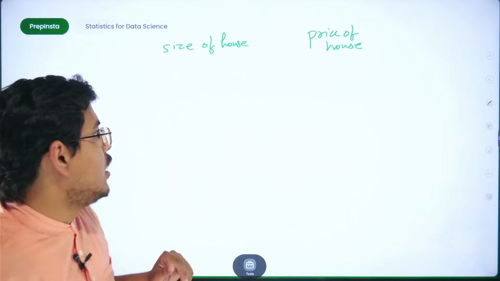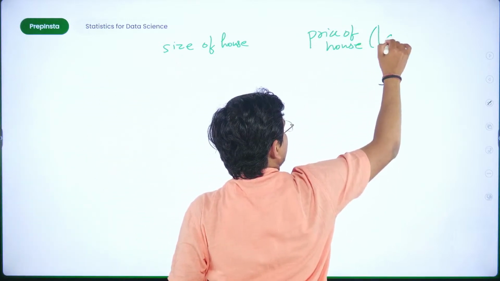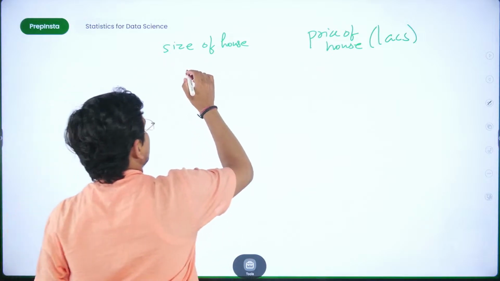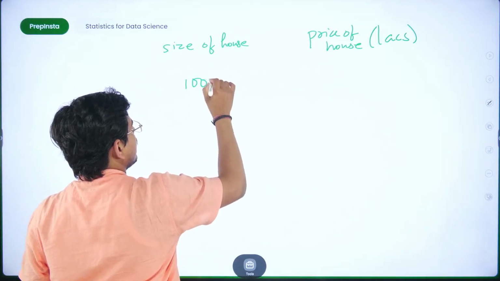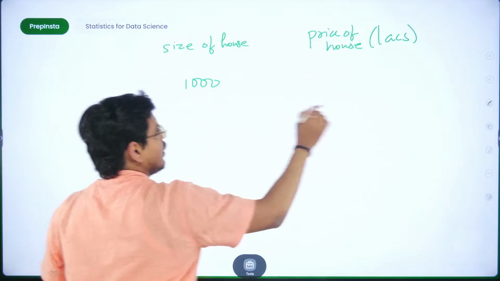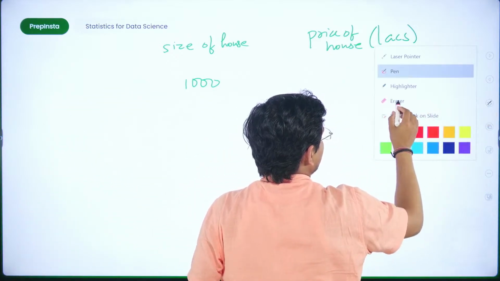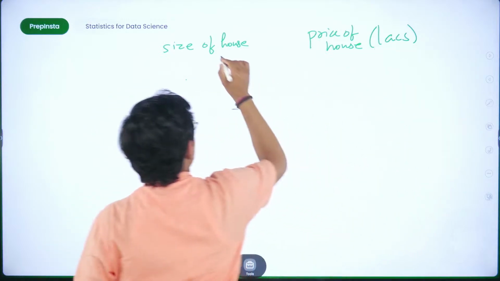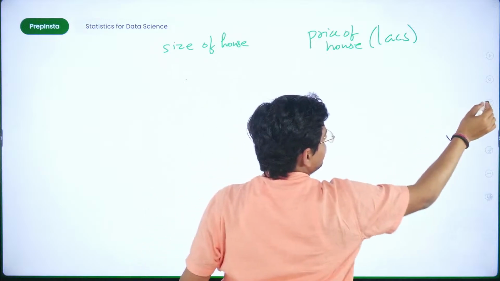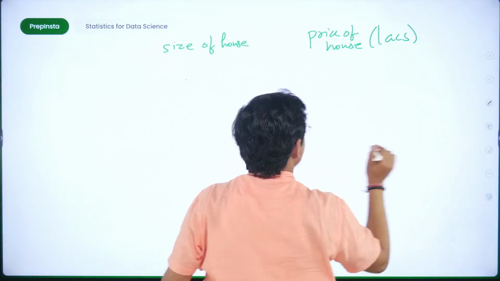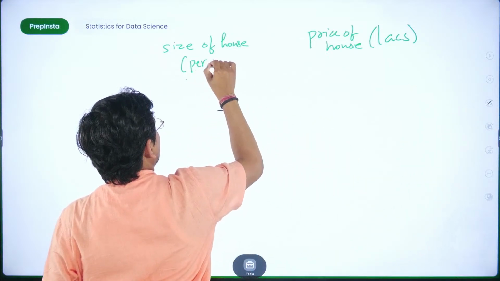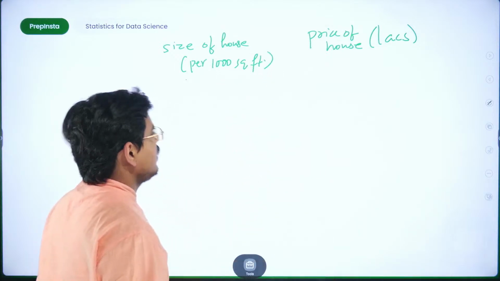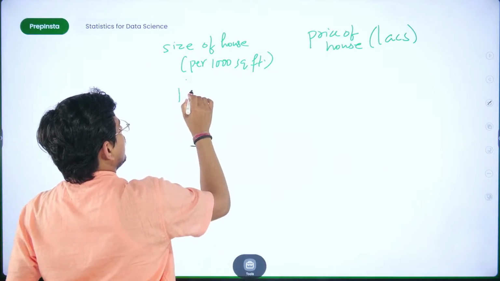Let's check it. Fine. So let's say that this is in lakhs. And size of house, say for 1000 square feet. I'll make the calculations simpler for you, so here I will write per 1000 square feet. So here it will be 1, 2.